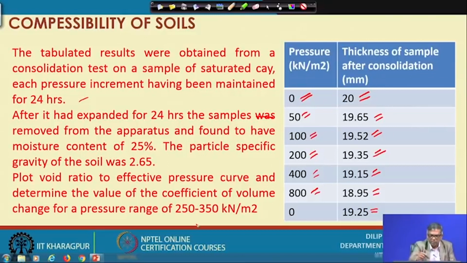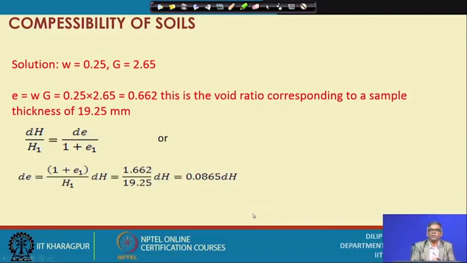So, if I see now this problem, there are 2-3 methods actually one can do, and one method I will first explain, that is actually starting from the end. Since at the end of the consolidation, after removal of the load, when it is fully expanded, at that condition also the soil will be saturated, and water content was measured 20.25% and G was 2.65.